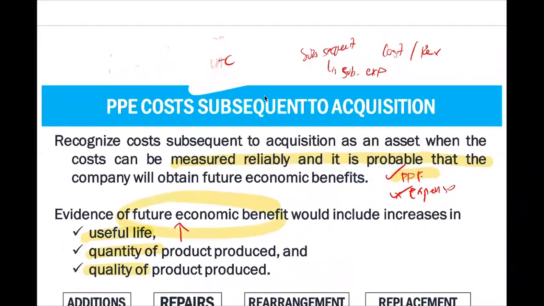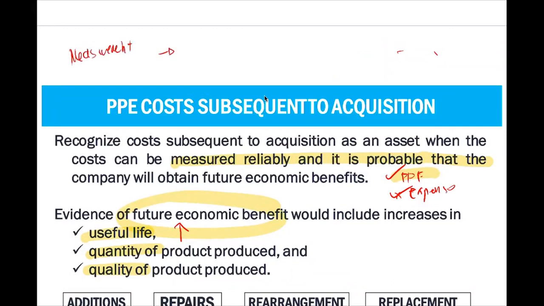Again, we go back to your rule. So we are still in your measurement of your property, plant, and equipment. But we are now talking about your subsequent costs. So what is a subsequent cost? These are costs after the acquisition. So what is the treatment of your subsequent costs?